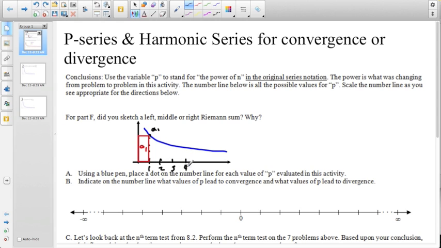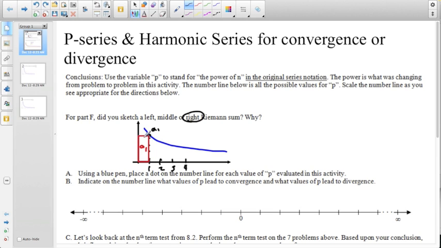So if I match the number of boxes by the time I get to that number on the x-axis, then we must be doing right Riemann sums. Anything else, and you wouldn't be matching up the boxes. So it should be a right Riemann sum.